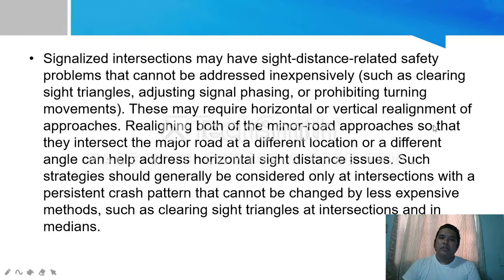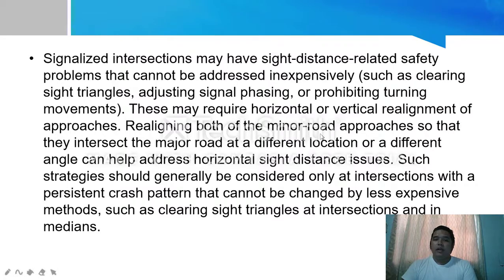So, a signalized intersection may have sight distance related safety problems that cannot be addressed inexpensively, such as clearing sight angles, adjusting signal phasing, or prohibiting turning movements. This may require horizontal or vertical realignment of approaches.